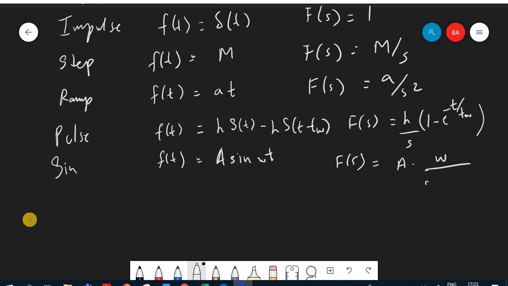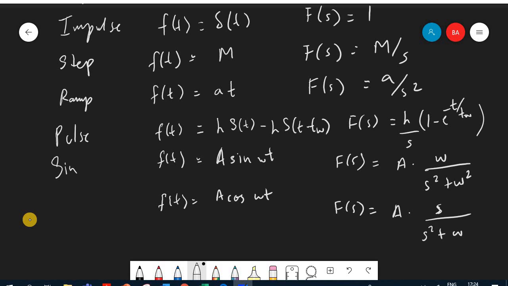I forgot to put omega in my PowerPoint. And if I have f of t equal to a cosine omega t, then f of s is going to be a times s over s squared plus omega squared. Okay, so these are the types of inputs that I have.